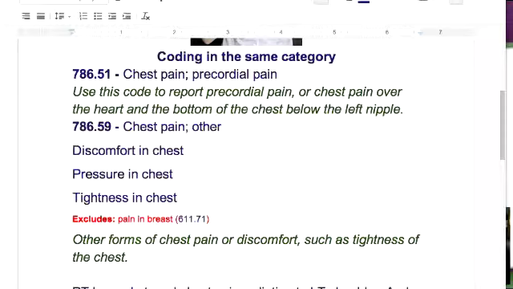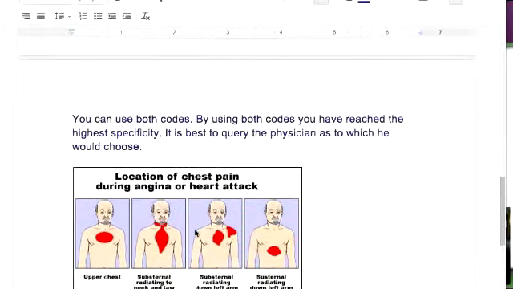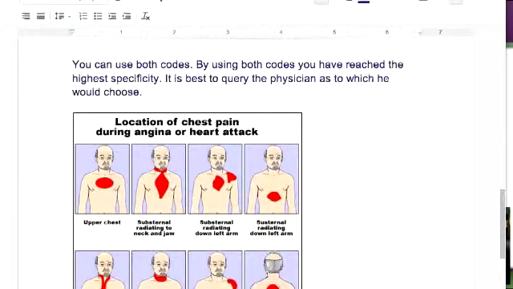If we scroll down a bit, sometimes you just have to know where the pain is located to determine the best code. You can use both codes. By using both codes, you've reached the highest specificity. But it's always best to query the physician if you're not sure.